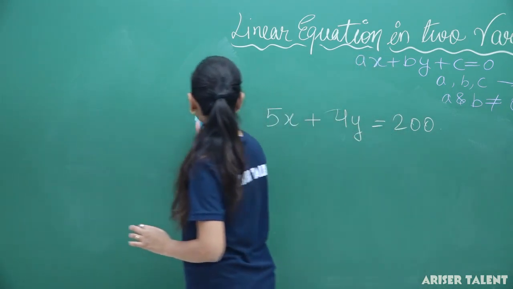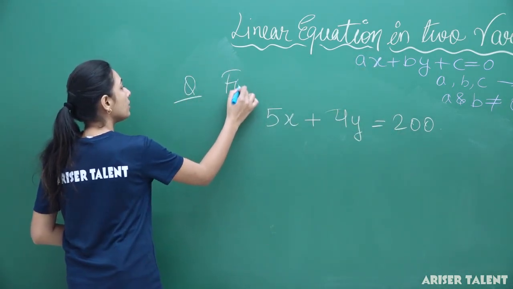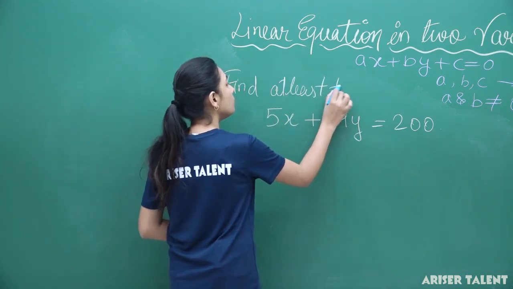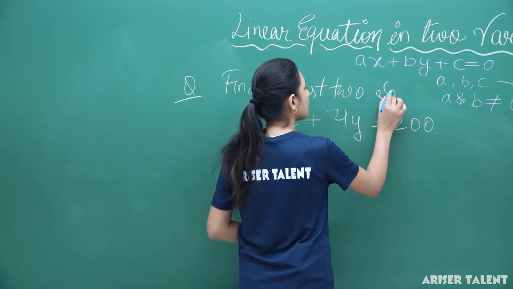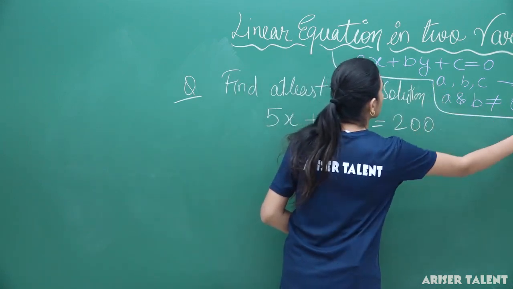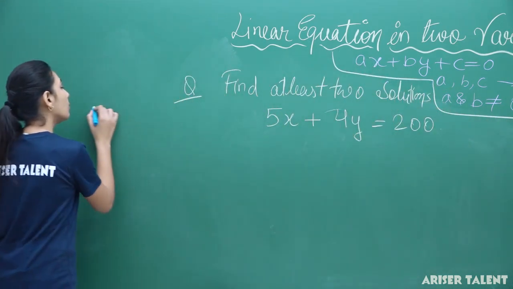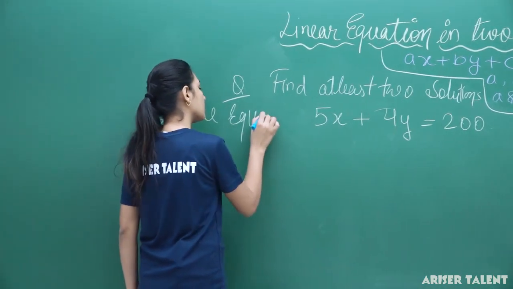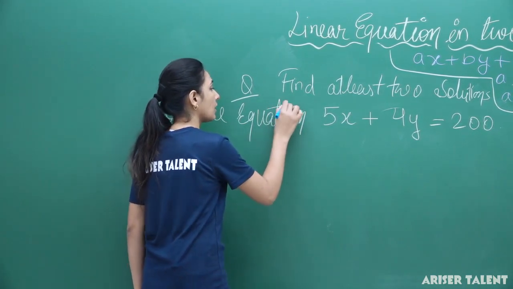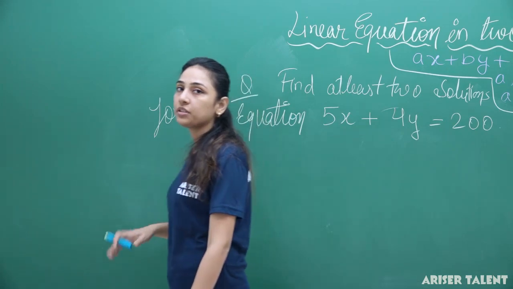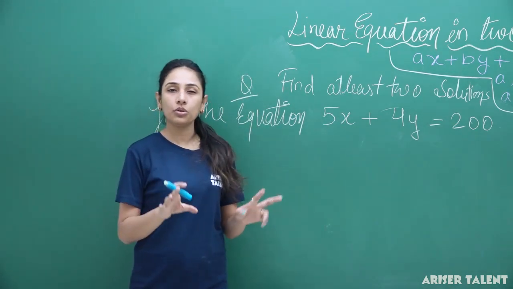Now find at least two solutions for the equation. This is the equation 5x plus 4y equals 200, and now you have to find at least two solutions. That means you can do the two solutions and that's done.